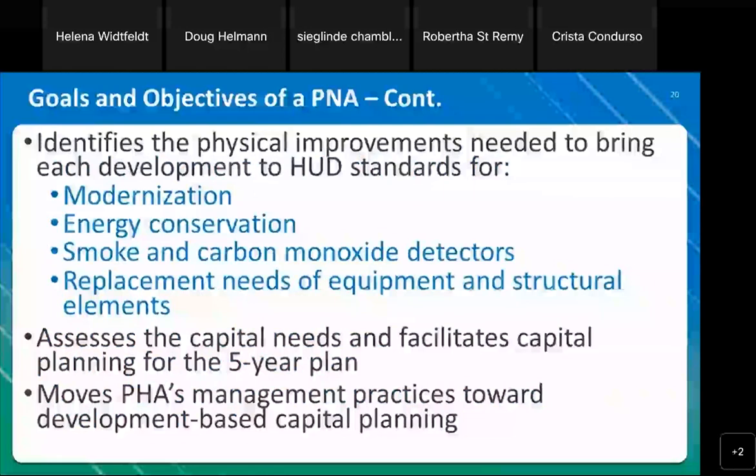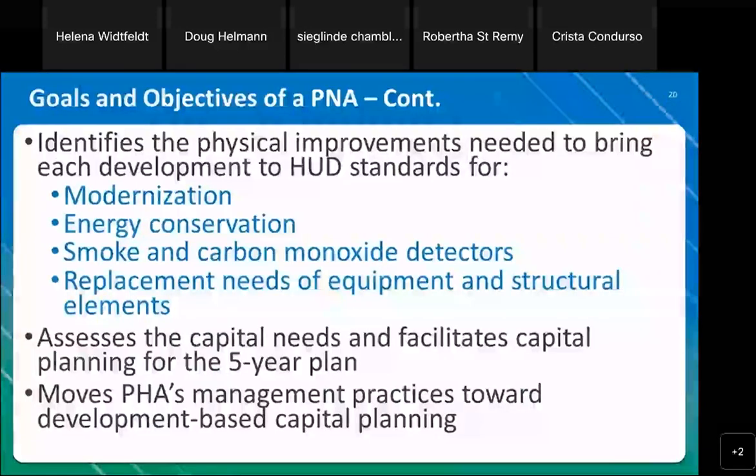The physical improvements needed at the development site are always based on HUD standards, and it identifies what you need from what we call modernization, to upgrade and improve the property, the pieces that are needed for standardization on energy conservation, so we're not spending half of the budget on utility costs.